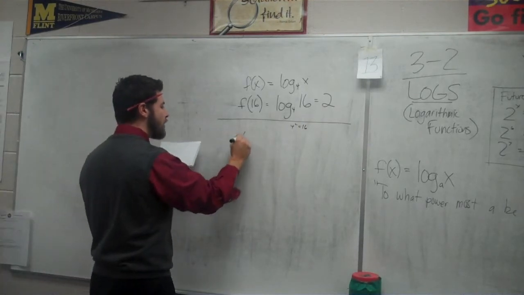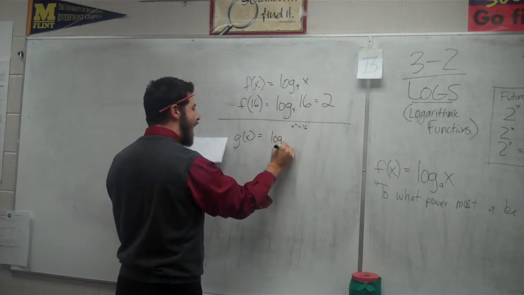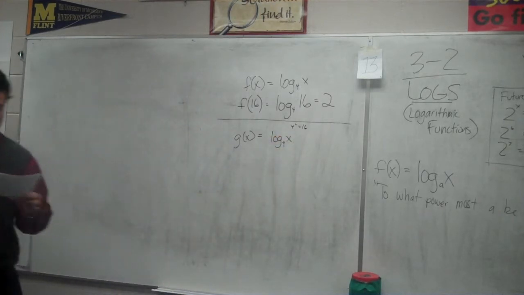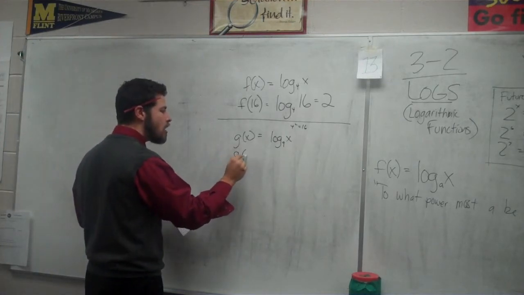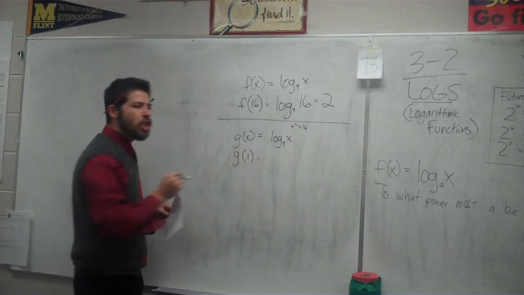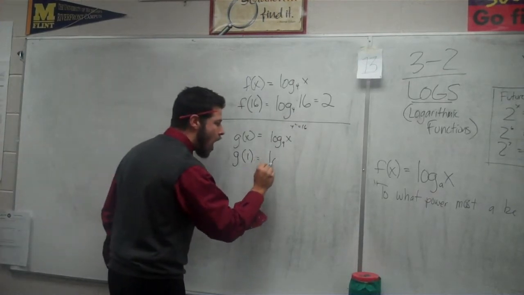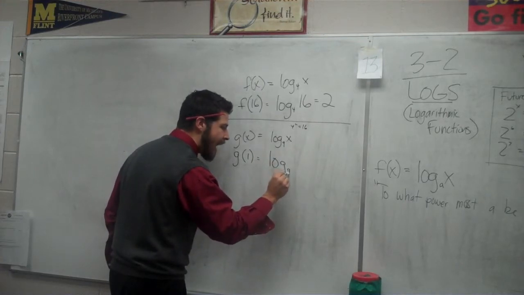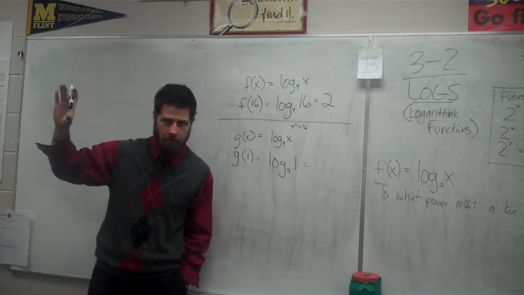Let's do g of x this time. G of x is log base 9 of x. And I want you to find g of 1. What does g of 1 mean? Log base 9 of 1. Now we're going to do this in our head.